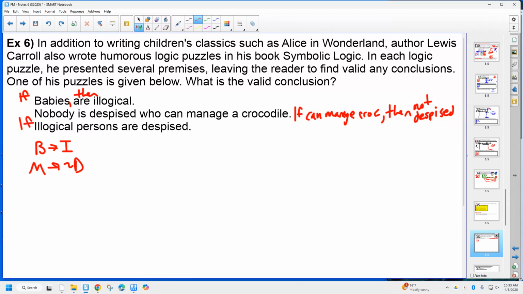If you're illogical, then you're despised. Those are the premises in these problems. So this author, Lewis Carroll, wrote this book and gave these three premises and said, well, what do you conclude from that? It was like a workbook or a puzzle book. You had to try to figure something out. Let's number them.